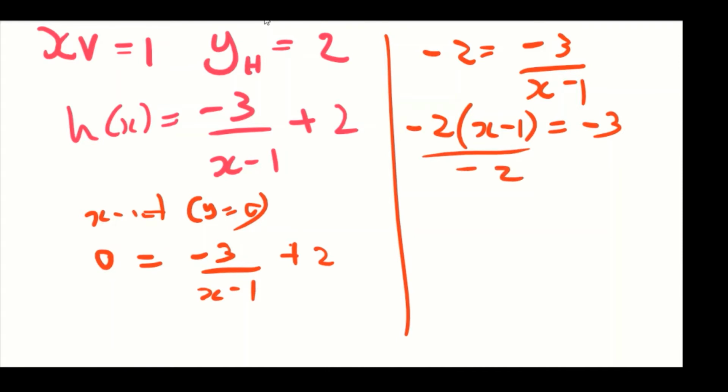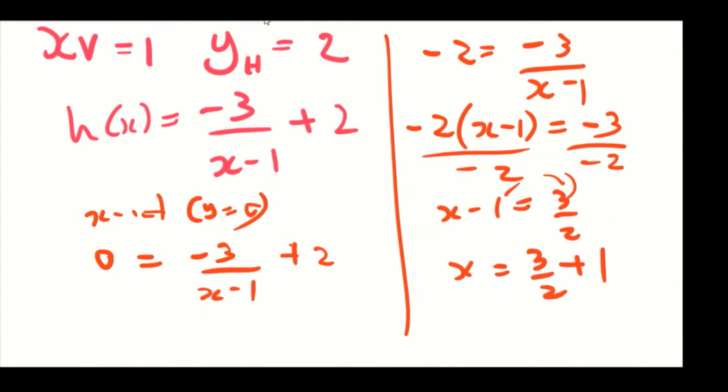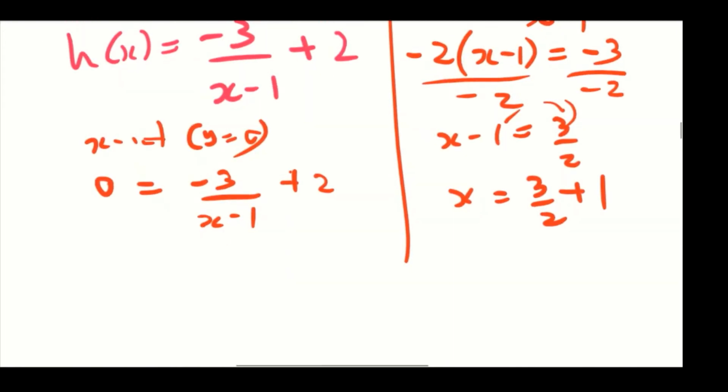Divide by -2 both sides. We have x minus 1 equals 3 over 2. Transpose the 1 to the other side. We have x equals 3 over 2 plus 1, so x equals 5 over 2. So this is your x-intercept, 5 over 2 and 0.